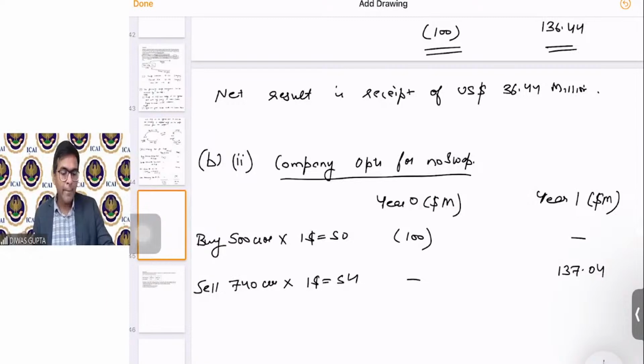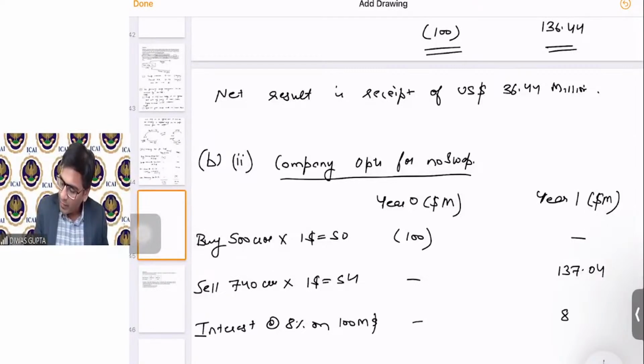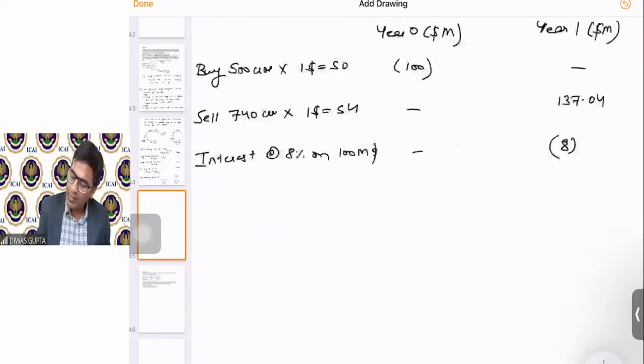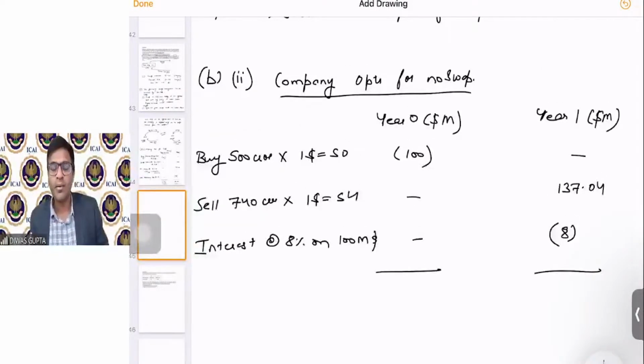Okay. Also, it will have to pay interest at the rate of 8% on $100 million. So this becomes $8 million. So this becomes minus 100.